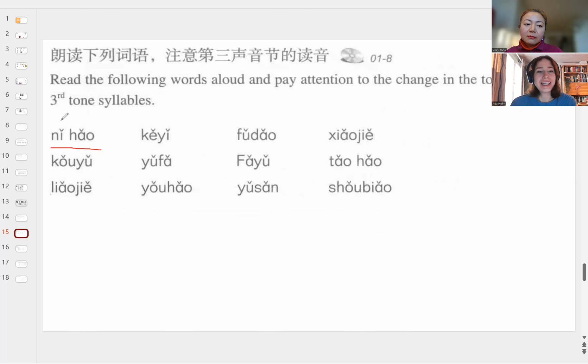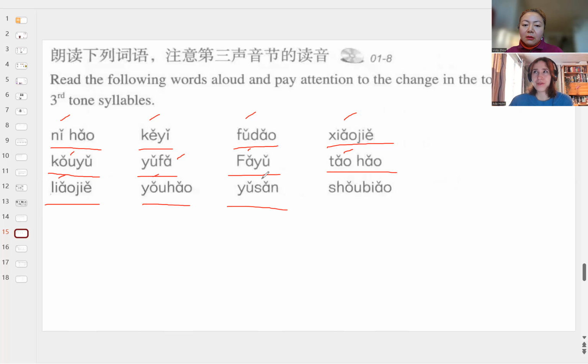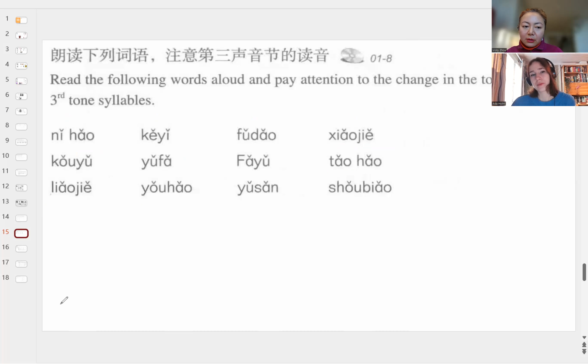So that's 你好。Then 可以。对的。Then 辅导。对的。了解。对的。Then 口语。对的。Then 语法。对的。法语。对的。Then 了解。友好。雨伞。Then 手表。That's it, good. This part also is not difficult.